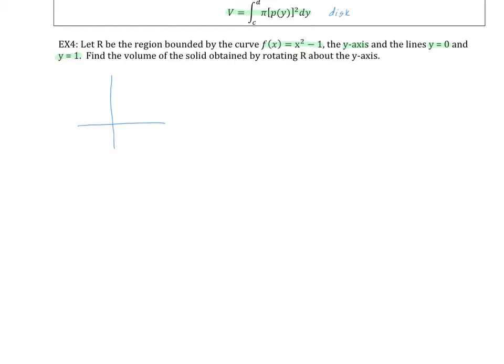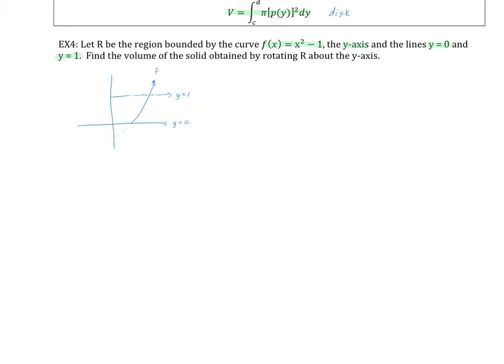The vertex is actually below the x-axis. And we're looking at a graph that's bounded by y equal to 0 and y equal to 1. So I'm not concerned with the bottom part, just this part here of my graph.